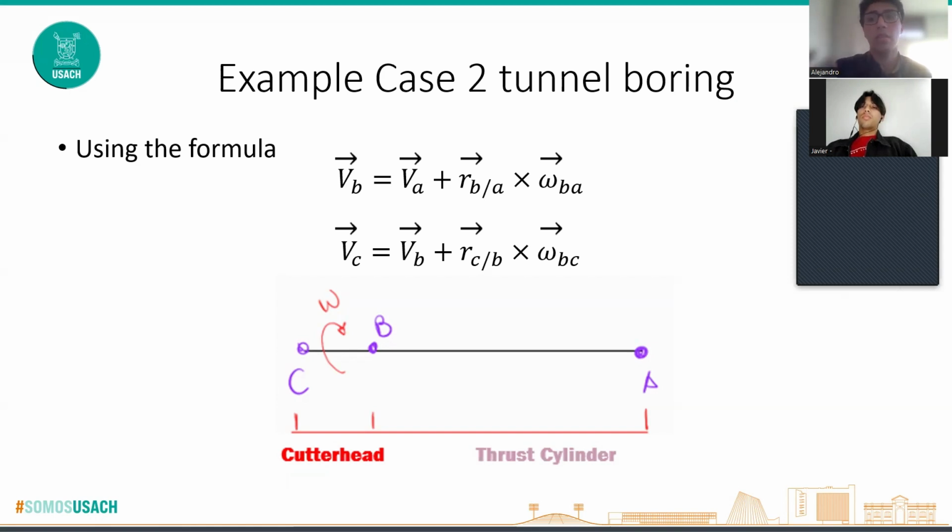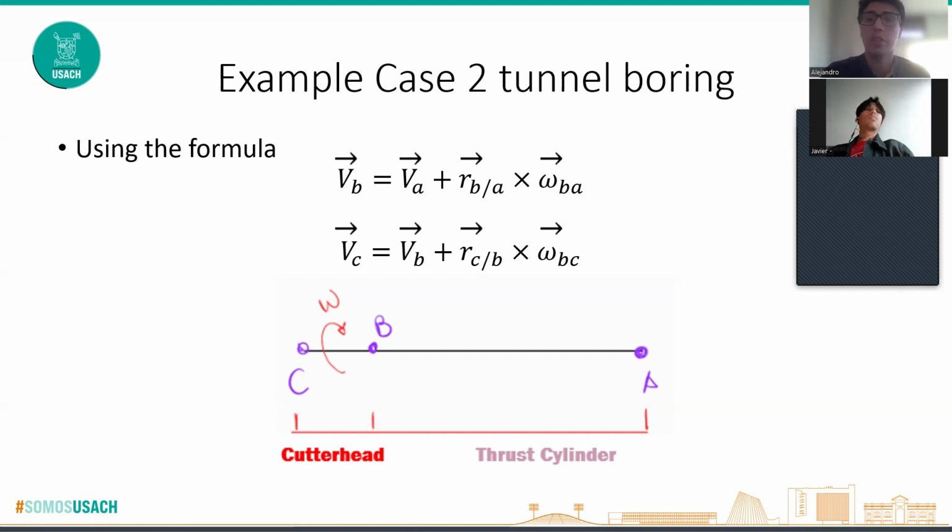So we can say the angular velocity is 0. And already we can say the vector of velocity in the particle B is equal to the vector of velocity in the particle A.